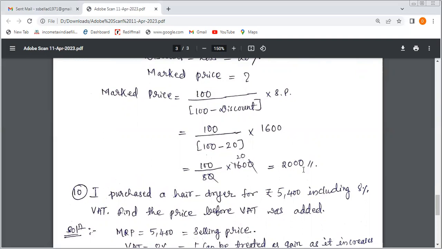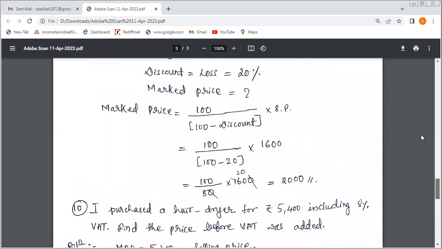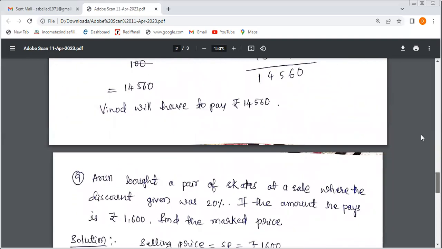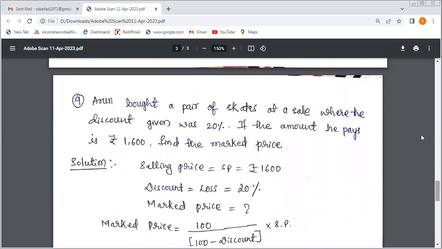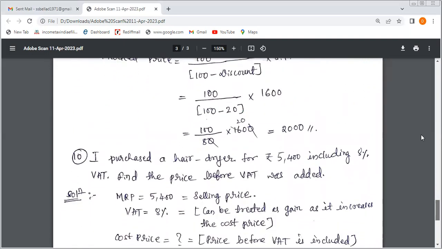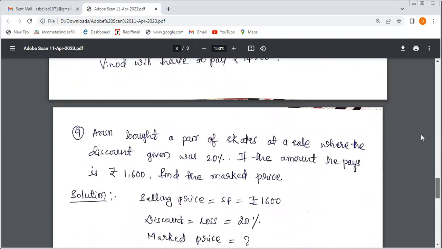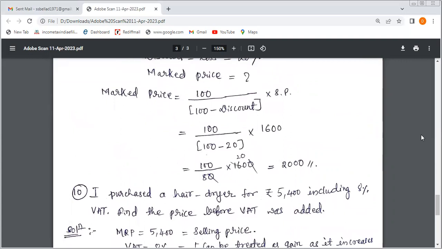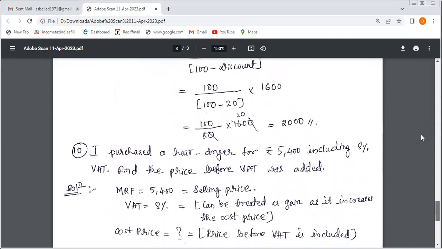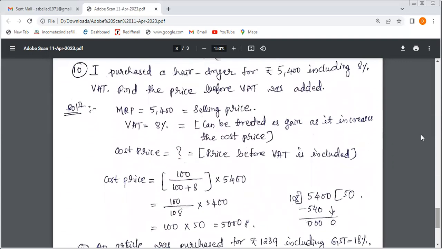So in this way, we calculated the marked price of the article, a pair of skates. Very simple problems, so we are directly making use of the formulas and calculating. Next problem.